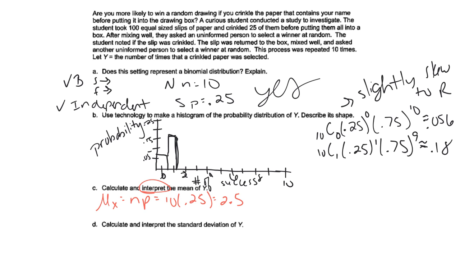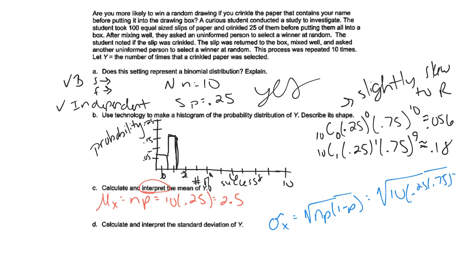So my standard deviation, again, it's a binomial, therefore I can use this formula: the square root of n times p times 1 minus p. So 10 times 0.25 times 0.75, square root it all, and I get 1.369 as my standard deviation.